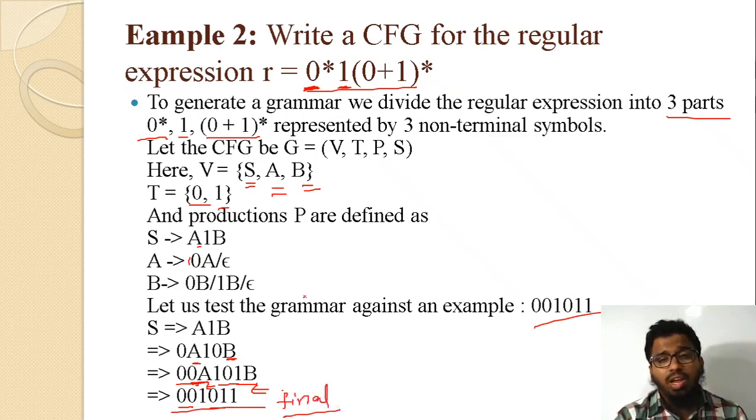Okay. So if you get a question like this, write a CFG for the regular expression, no need to worry. First divide into parts, and after dividing, take S, A, B and divide in such a way that we will get 0 closure, that means 0 any number of times, and 1 should be at least 1, and 0 plus 1 closure means any number of 0 plus 1, so 0, 1 any number of times, okay.